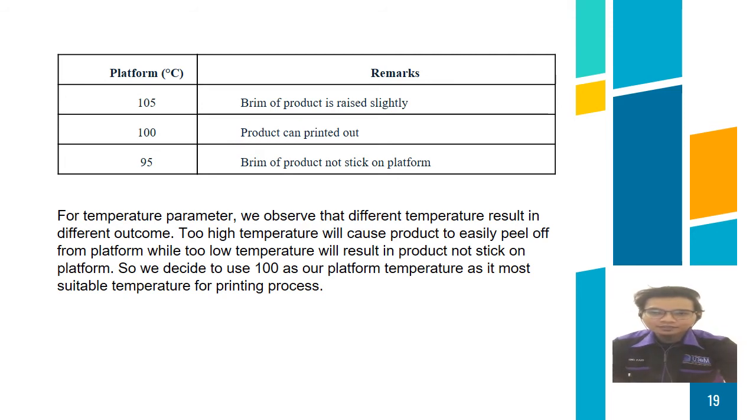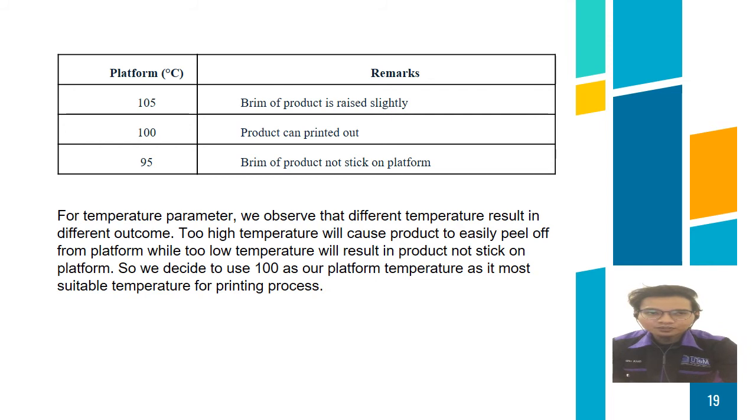Then we can see that the brim of the product does not stick on the platform. So we decided to use 100 Celsius as our bed temperature, and the product can print out.